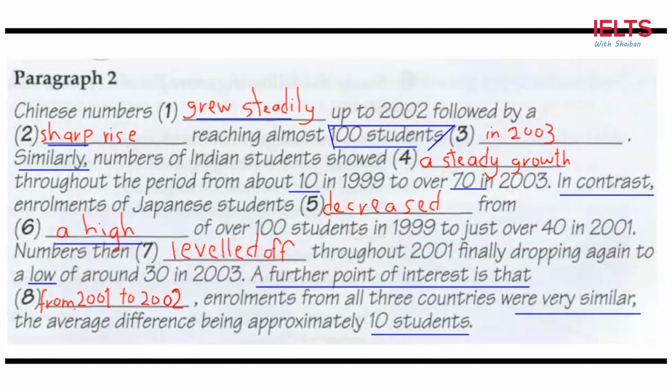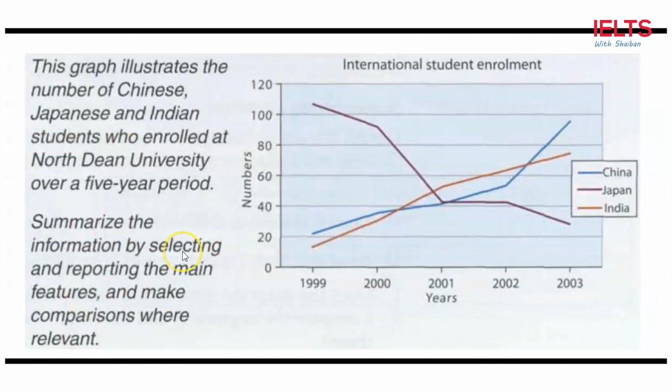So you have to show a summary, and of course in this summary you have to show some similarities and contrasts between the trends. Showing these comparisons is extremely important if you want to achieve more than band 7.